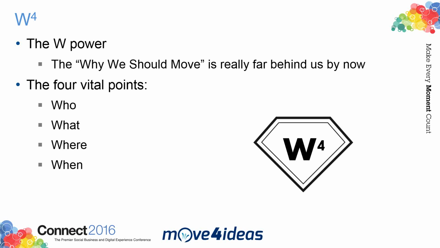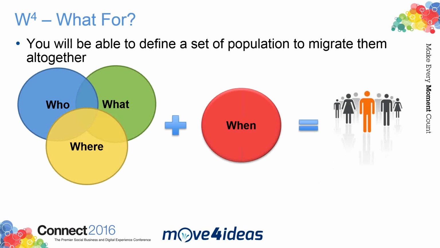Who? Who will we migrate? What? What will we migrate? Where? And last, when? So with this point of view, you will be able to use simple stuff like this. You will be able to define a set of population to migrate together.